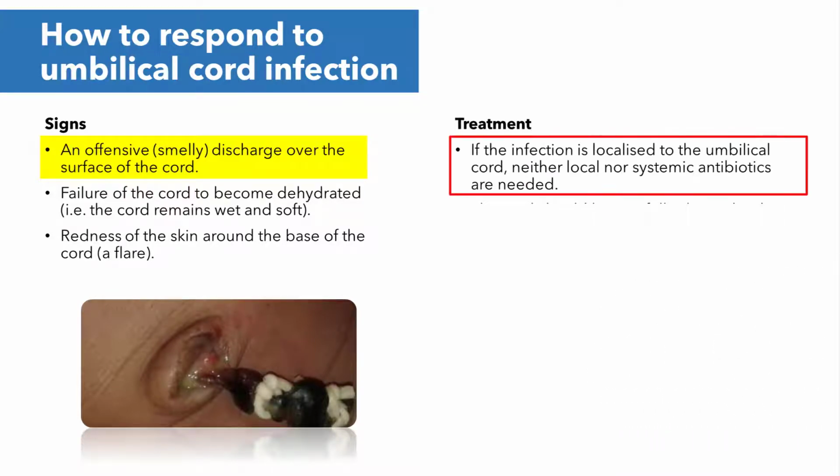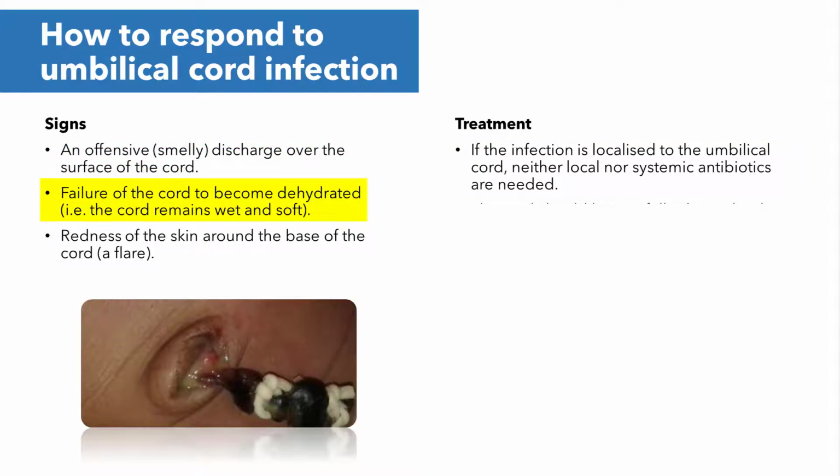You will check if the infection is localized to the umbilical cord. Neither local nor systemic antibiotics will be needed. If you look at the cord and you see that the infection is only on the surface and there's no indication that it has spread, okay, then you should know that the child will not need systemic antibiotics.